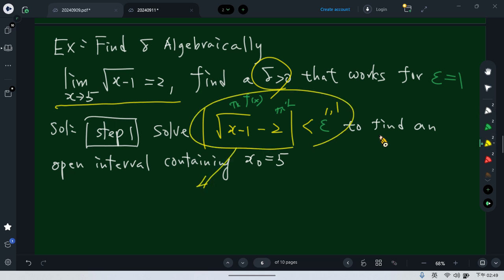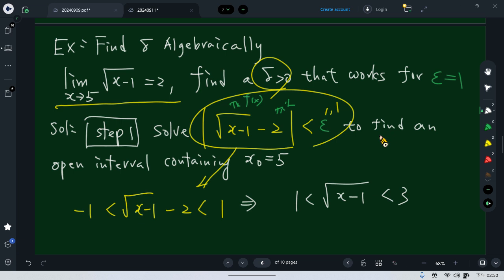It will be -1 less than square root of x minus 1, minus 2, less than +1. Then we can continue. This is -2, so we can add 2 to all three parts.